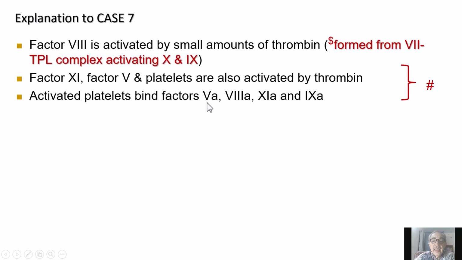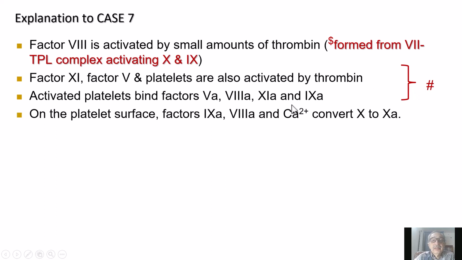So 11, 8 and 5 are activated by the thrombin. The tissue factor 7 complex activates both 10 and 9. So they are all now activated. This is the amplification process.